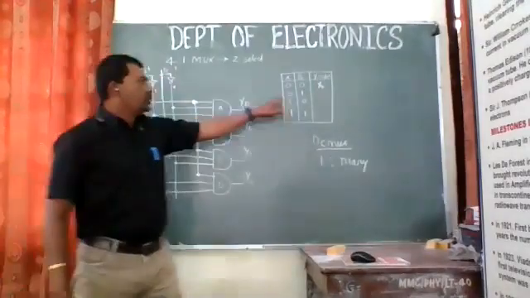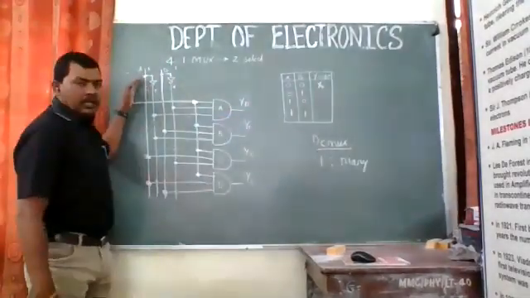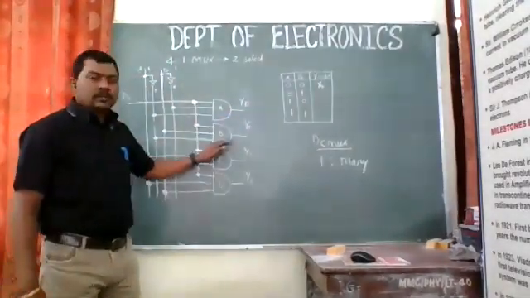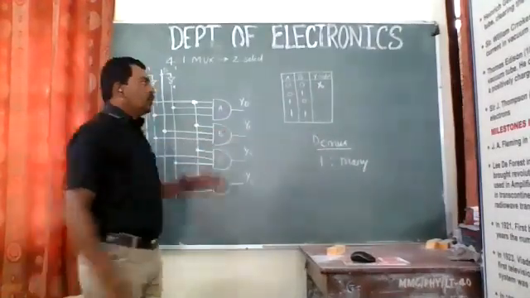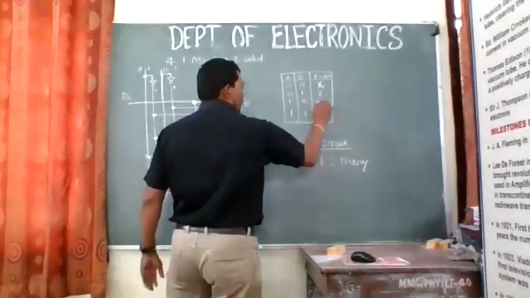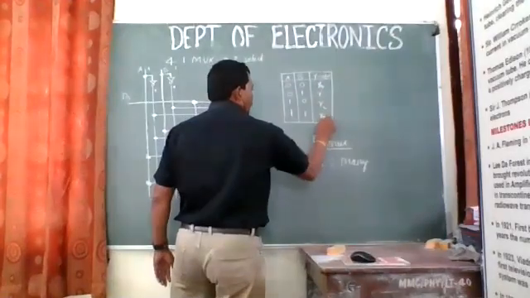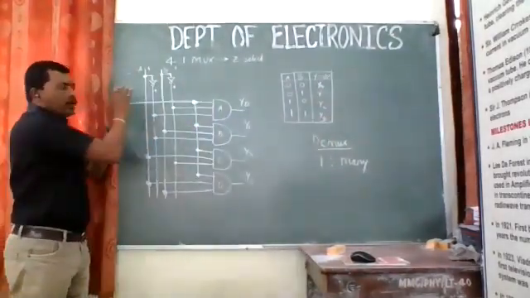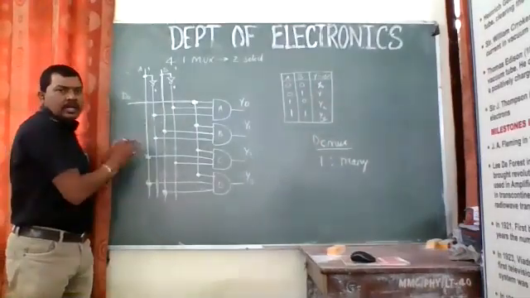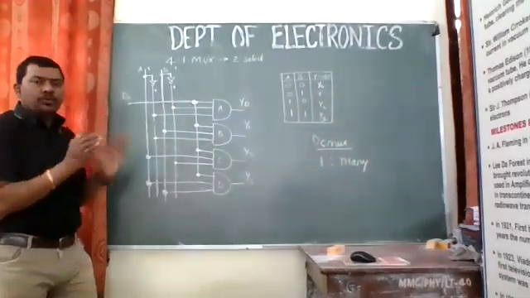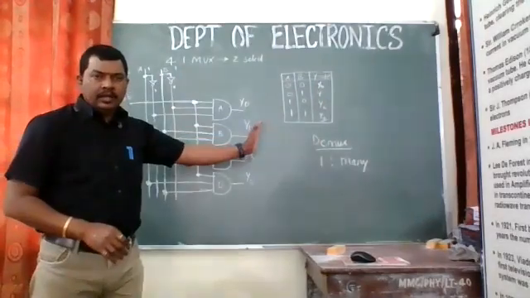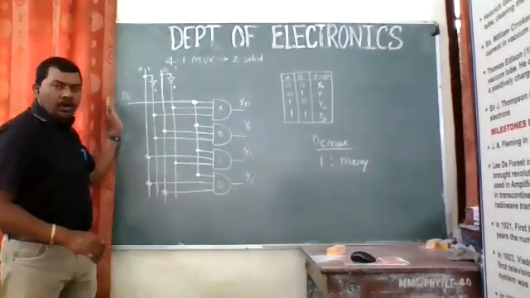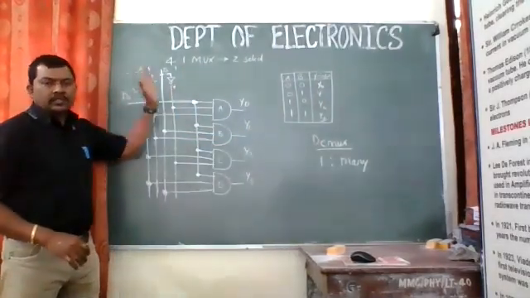When it is 01, then the input is going to appear at gate B, that is Y1, and similarly Y2 and Y3. So for the demux, the circuit is nearly the same. The select lines are nearly the same. We just need to remove the OR gate at the end, and we have to make all the inputs a single input.